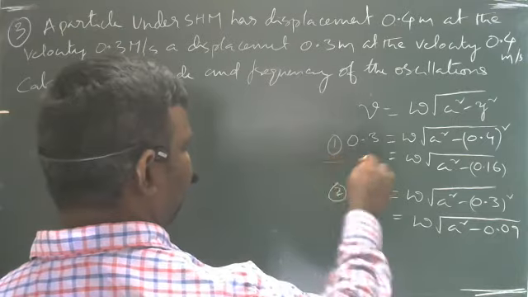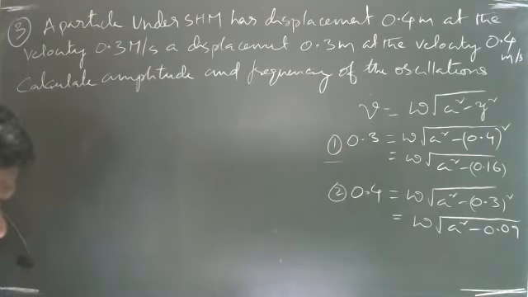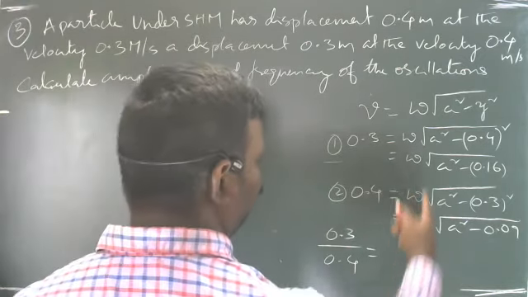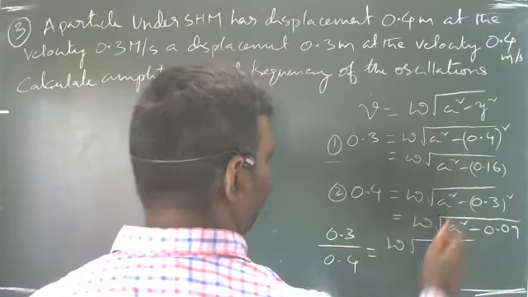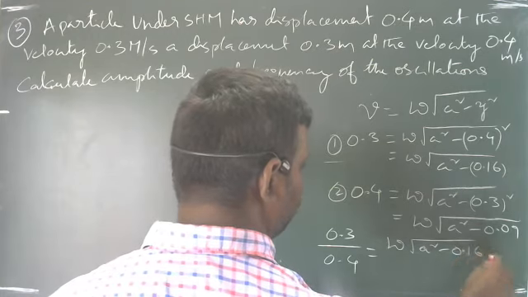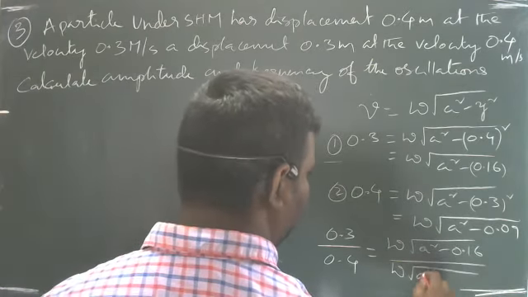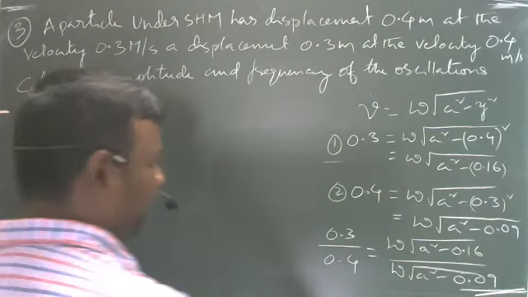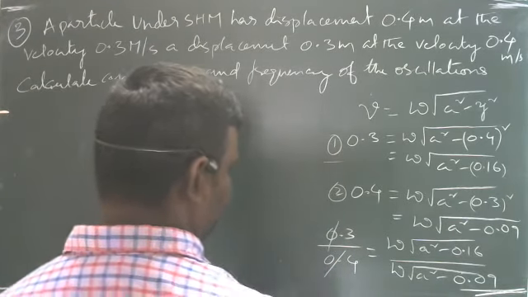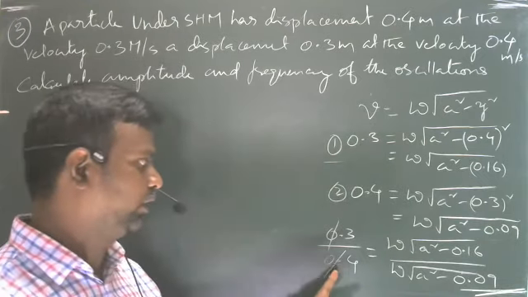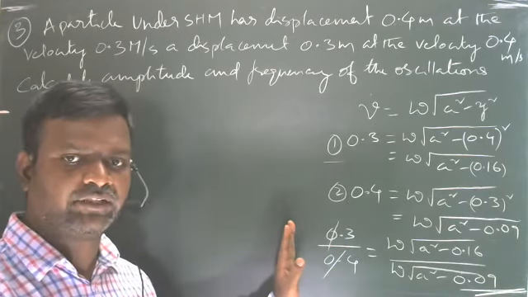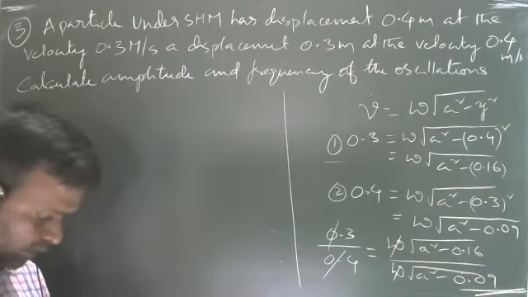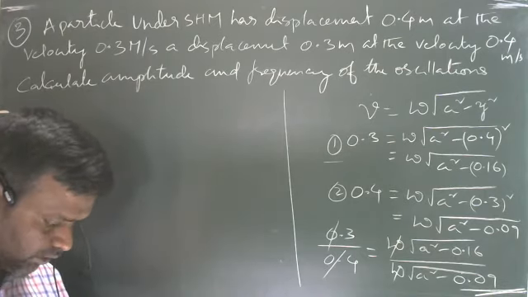So 0.3 by 0.4 equals omega root over a square minus 0.16, divided by omega root over a square minus 0.09. The omega gets cancelled.